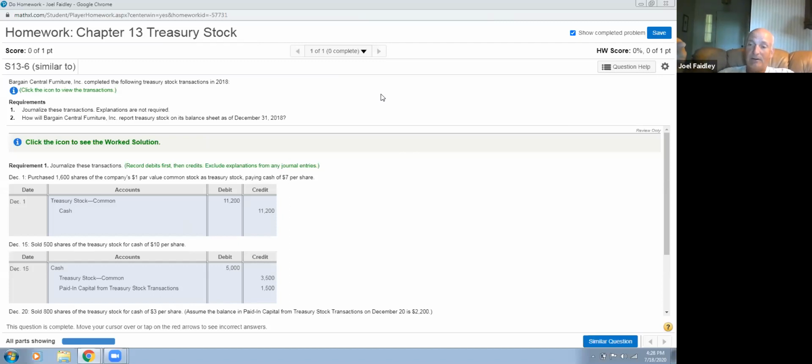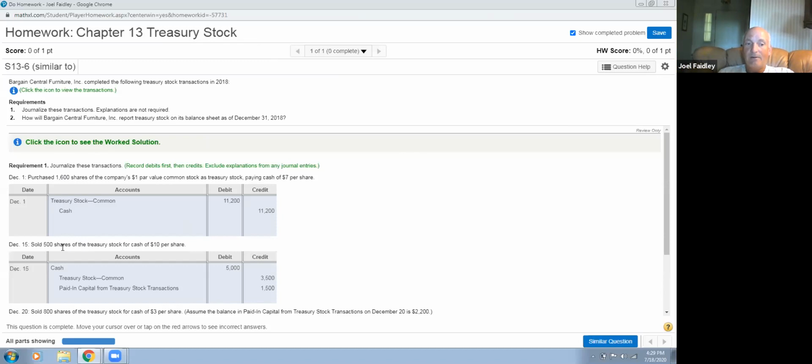You know, we invested in treasury stock as a company, either for stock options or just as an investment. But what about if you sell that? Because some companies do that. So the treasury stock transaction says they purchase 1,600 shares of the company's dollar par value common. Don't care about par, that's irrelevant. You paid $7 a share. So 7 times 1,600, debit treasury stock, credit cash.